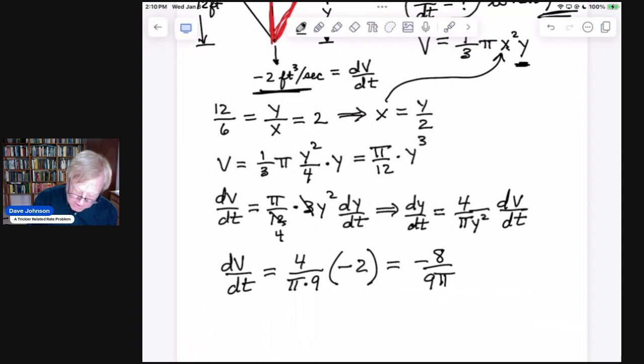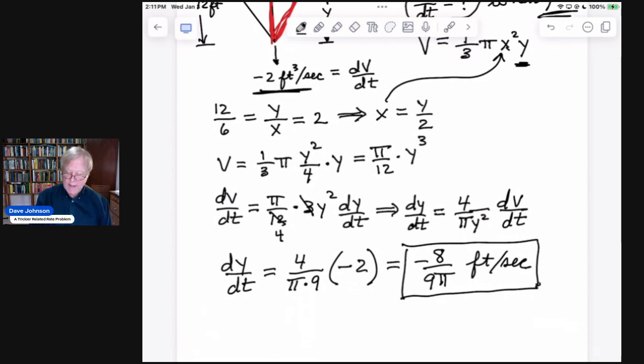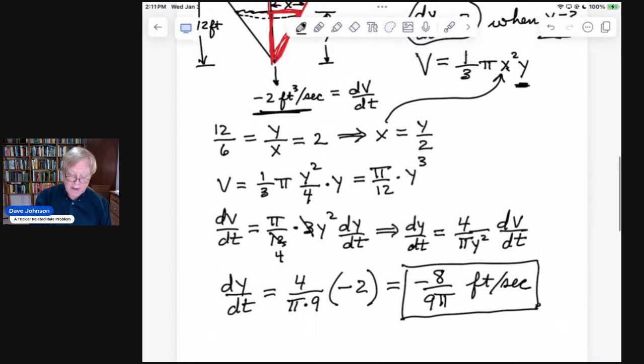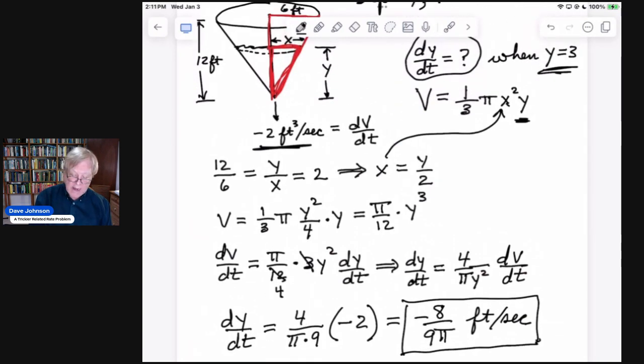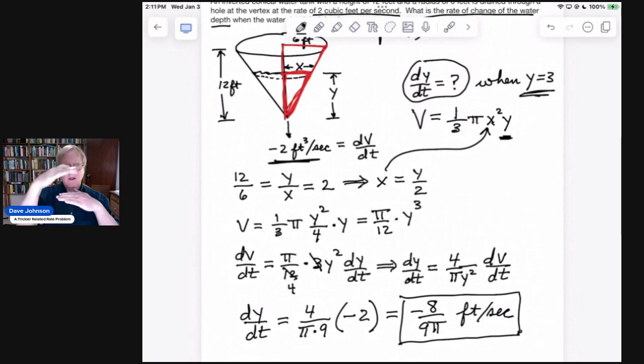Now that wasn't supposed to be dV/dt, that was supposed to be dy/dt. And so that's feet per second. And so that's our final answer. And it's negative because obviously the height is decreasing when the volume is decreasing.